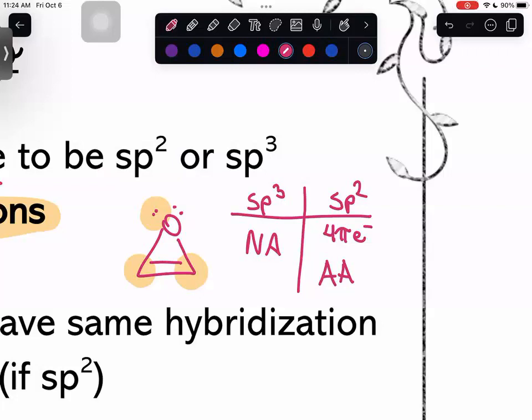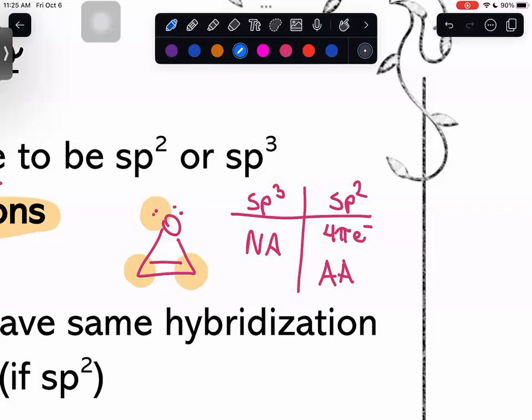Now, the choice is going to be based on what's going to give it the most stable system. So, what's more stable, non-aromatic or anti-aromatic? Non-aromatic. Anti is the worst one. We don't like it at all. But anti is fully conjugated.